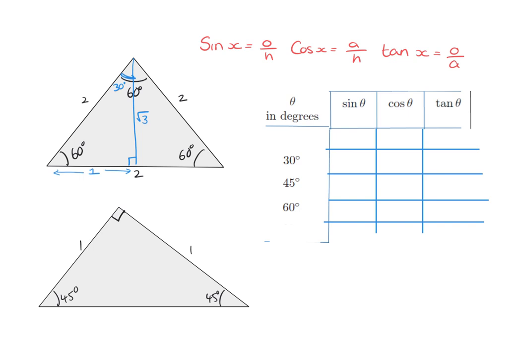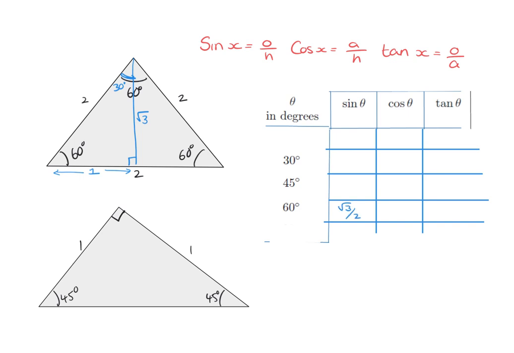Now I'm going to use my trig ratios for sine, cos and tan to find the exact value for particular angles. So I'm going to start with my angle of 60. So my opposite side is root 3 and my hypotenuse is 2. So that means that sine 60 is equal to root 3 over 2.